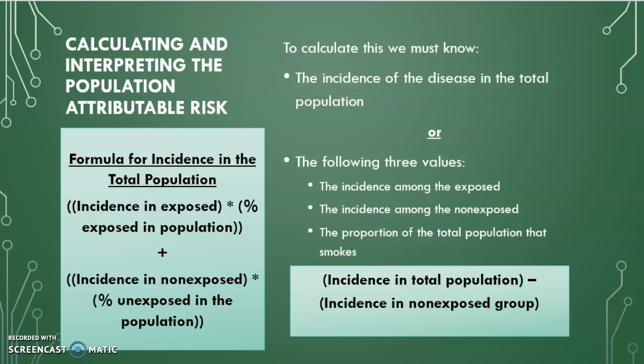This tells us how much of the total risk of disease in the population, both exposed and non-exposed persons, is attributed to the exposure in question. This would also tell us, if we had an effective prevention program, how much of a reduction in the disease incidence we could anticipate in the total population of both exposed and unexposed.